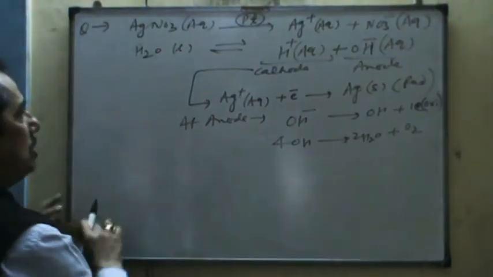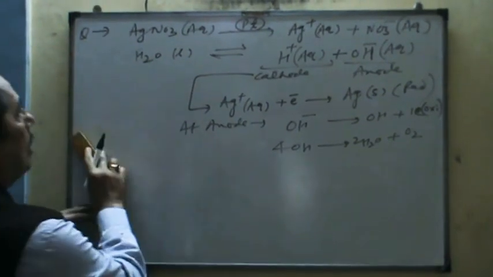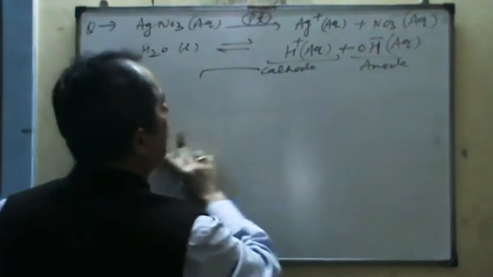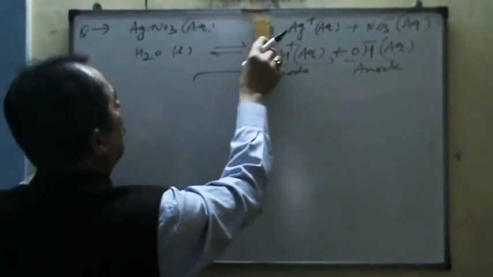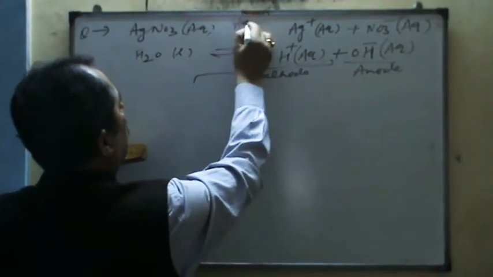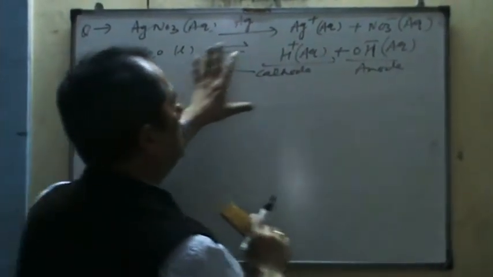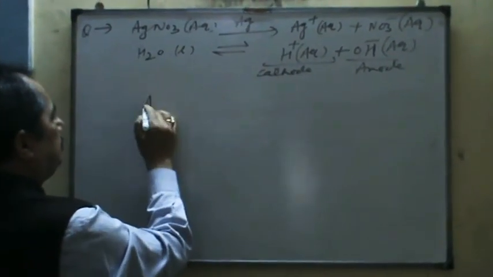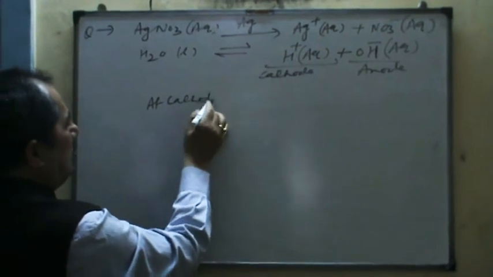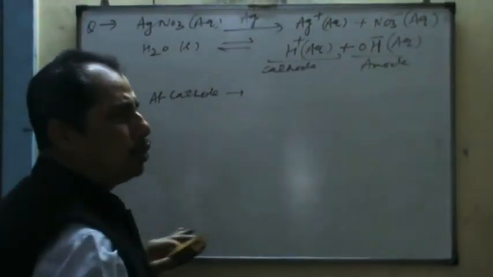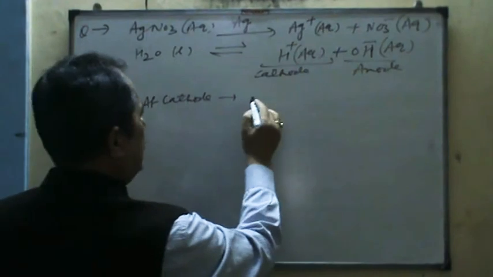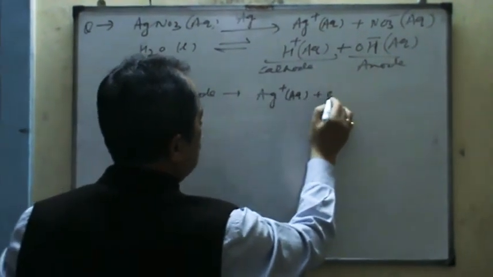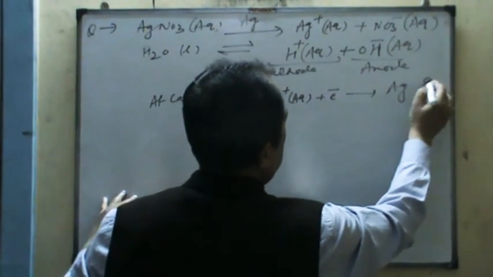But once I change the question and take a silver electrode, then what is your answer? The situation will remain the same, but here at the cathode it is silver and that is silver, so no problem. Again your answer is the same: Ag+ plus 1 electron gives Ag solid.